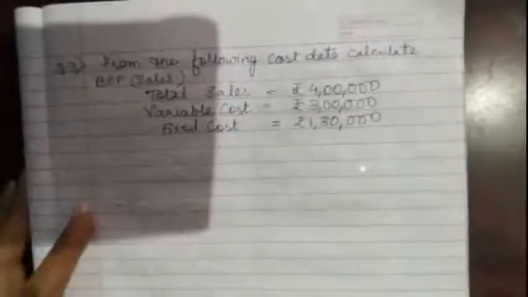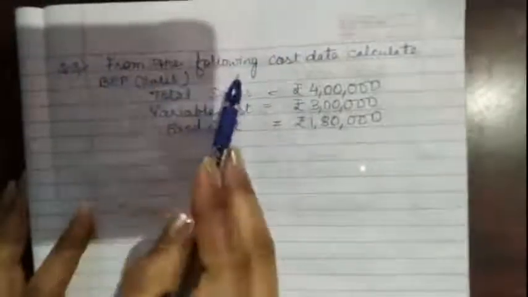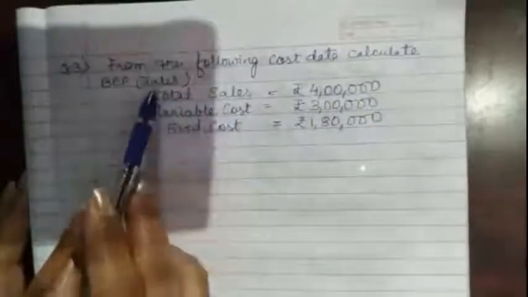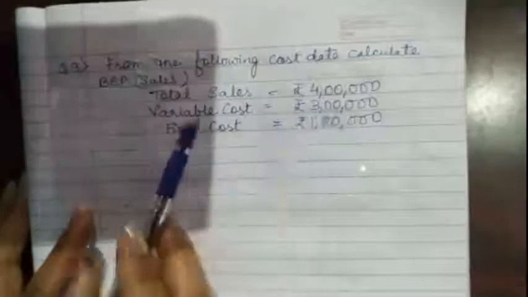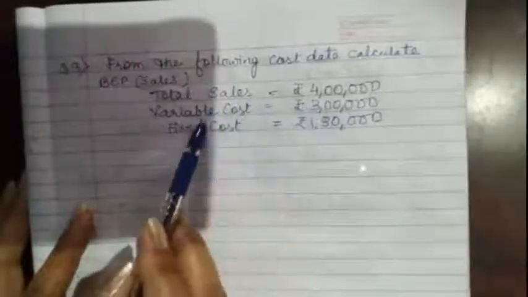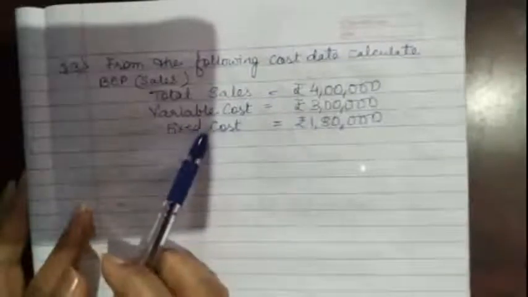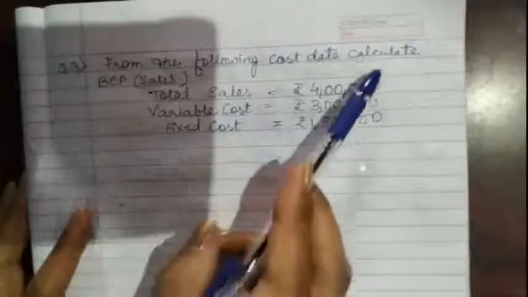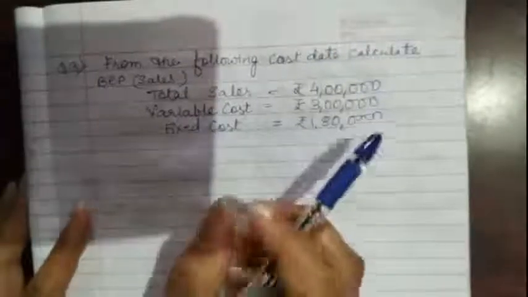From the following cost data, calculate break-even point in sales, break-even point in rupees. Total sales is rupees 4 lakh. Variable cost rupees 3 lakh. Fixed cost rupees 1,80,000. And what do we have to calculate? We have to calculate break-even point in sales.